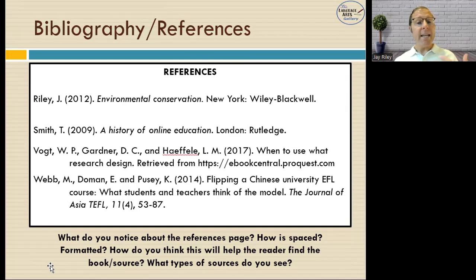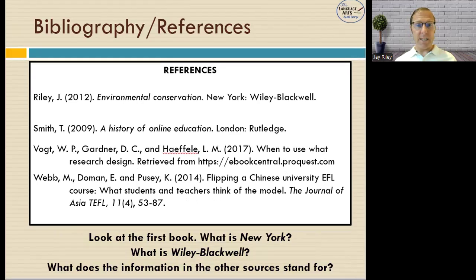So this is going to make it easy if our reader wants to learn more from this particular source of information. It makes it easier for them to find it. So I've got a book. I've got a website here, and I've got a journal article. Okay, so I've got a bit of variety in terms of my references here.